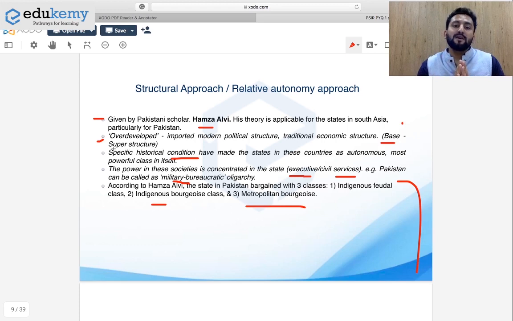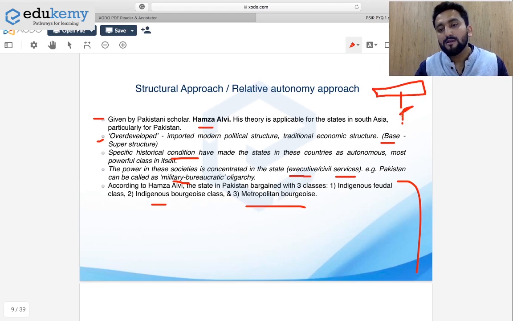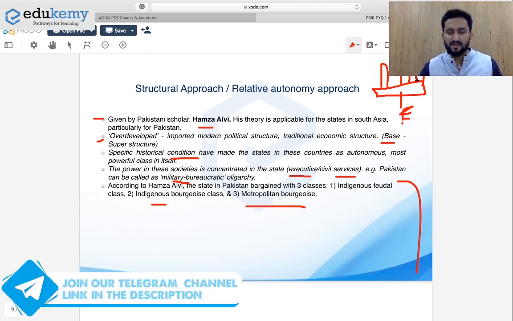As you know, the structuralist approach comes under the Marxist perspective. According to Marx, the base is economic. The base of our society is economic. And then we have superstructures, like political institutions, families, education institutions, religion, everything.